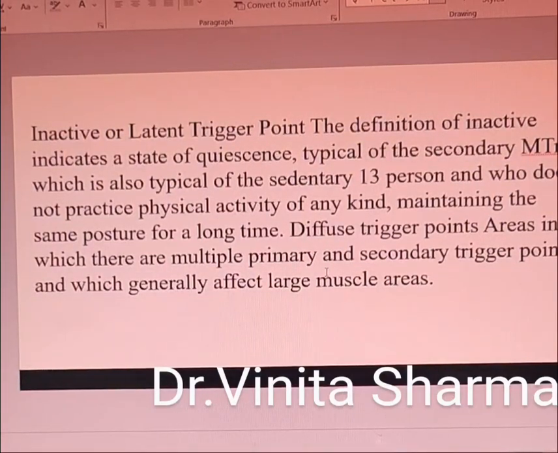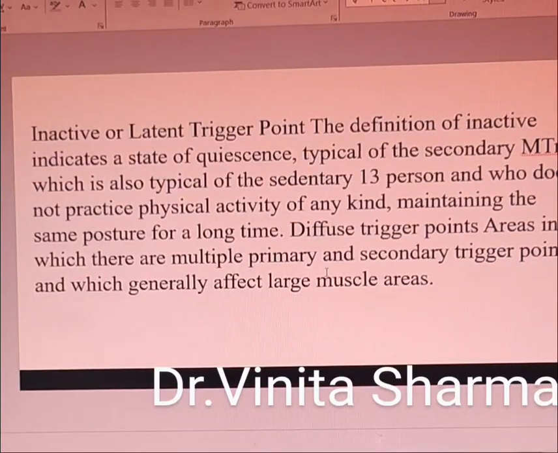They have these inactive or latent trigger points. Diffuse trigger points are areas in which there are multiple primary and secondary trigger points, and which generally affect large muscle areas.